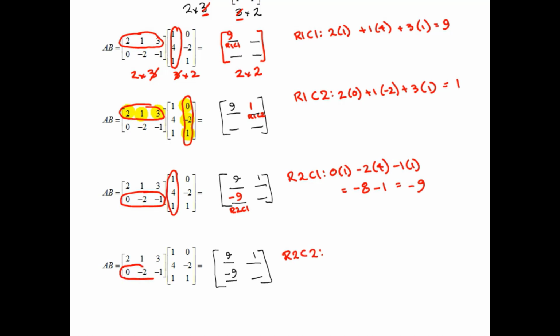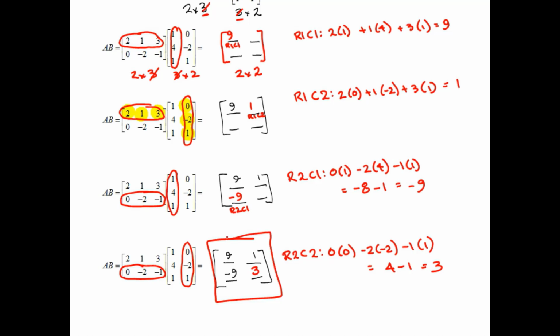So I find row 2 here, then I find column 2, and so that gives me 0 times 0 minus 2 times negative 2 minus 1 times 1, which gives me 4 minus 1, which is 3. And that goes in that last slot. And so here is our answer.